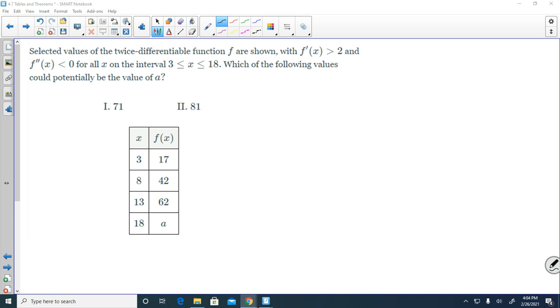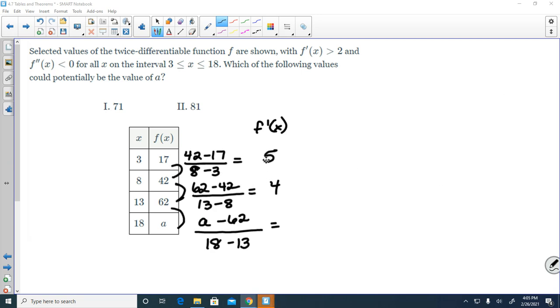Well, let's do what we've been doing and just come up with values for f prime. So I'll go ahead and pause and do those so you don't have to watch me calculate everything. And here's what happens when we estimate values for the derivative on each interval. Looks like from here my derivative decreased. I also know that f double prime is negative.